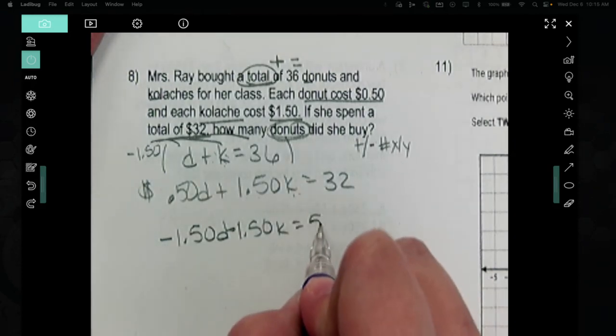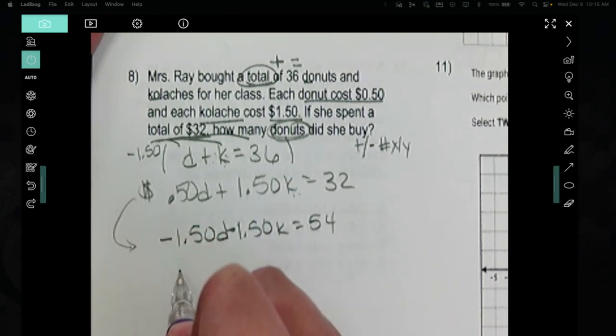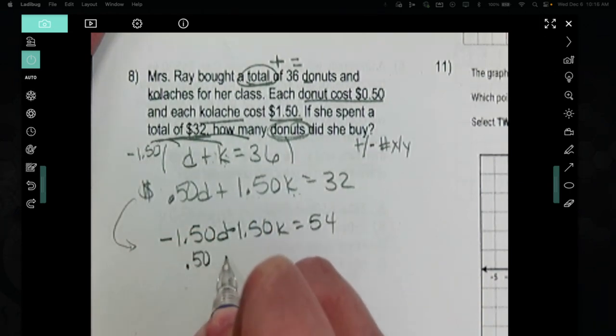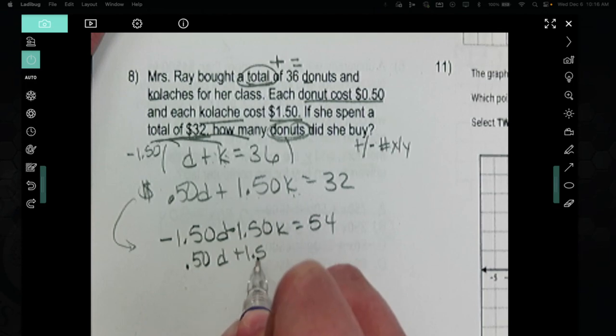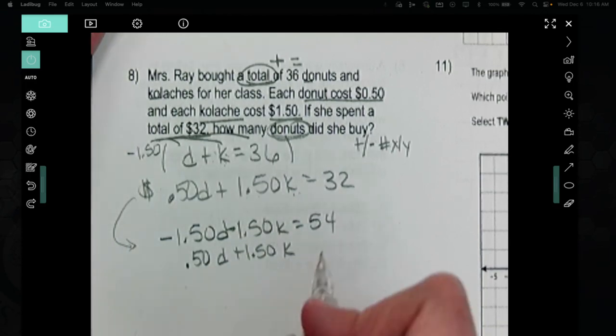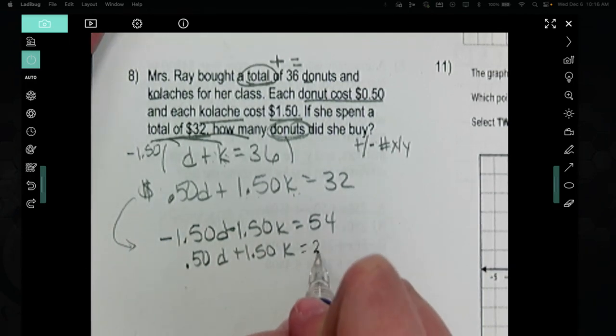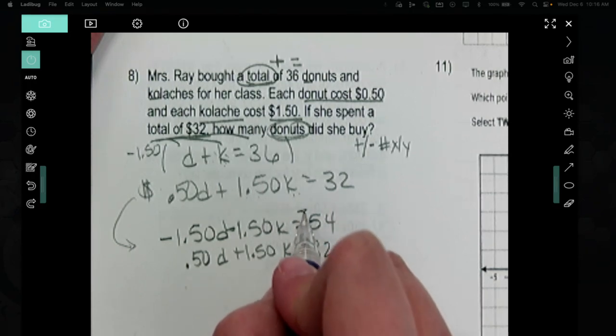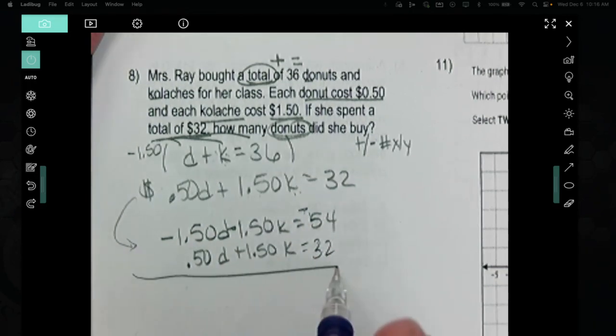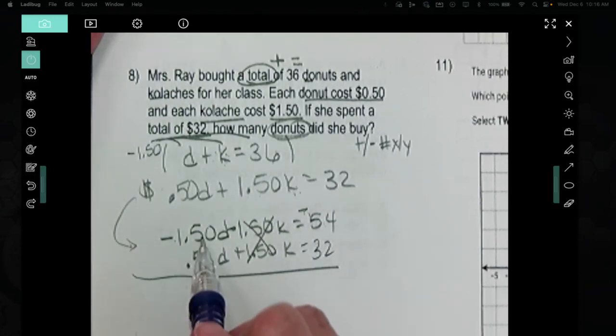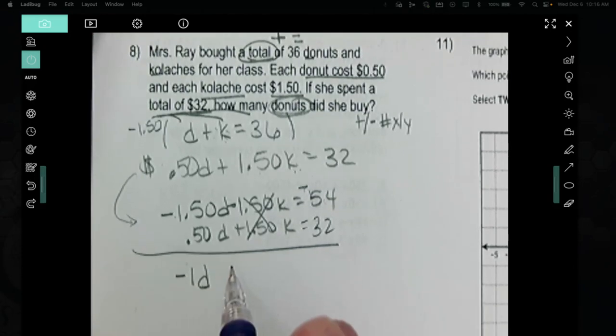54 even. I'm going to rewrite this down here. So I have positive 50 donuts, positive 150 kolaches, and 32. Oh, I forgot my negative here. Please be careful. That happens a lot. Okay, negative times a positive. I should have had a negative there. This goes away. A negative 150 and a positive 50 is a negative 1.